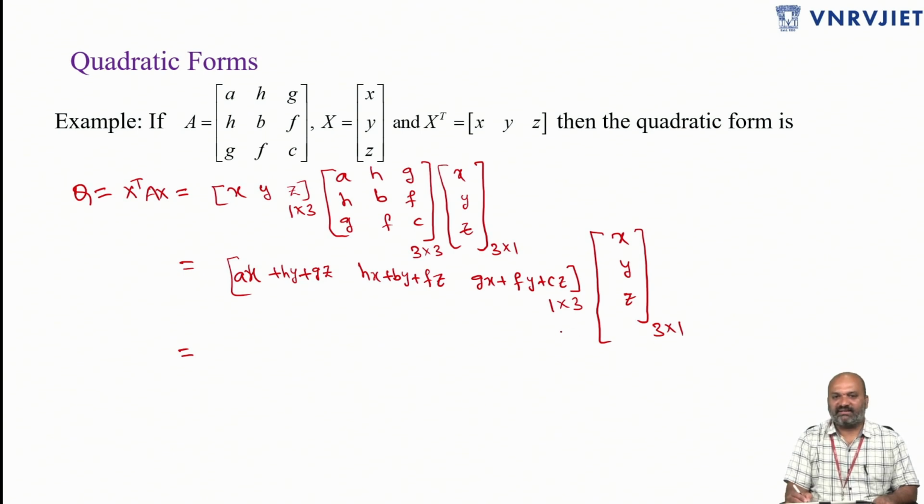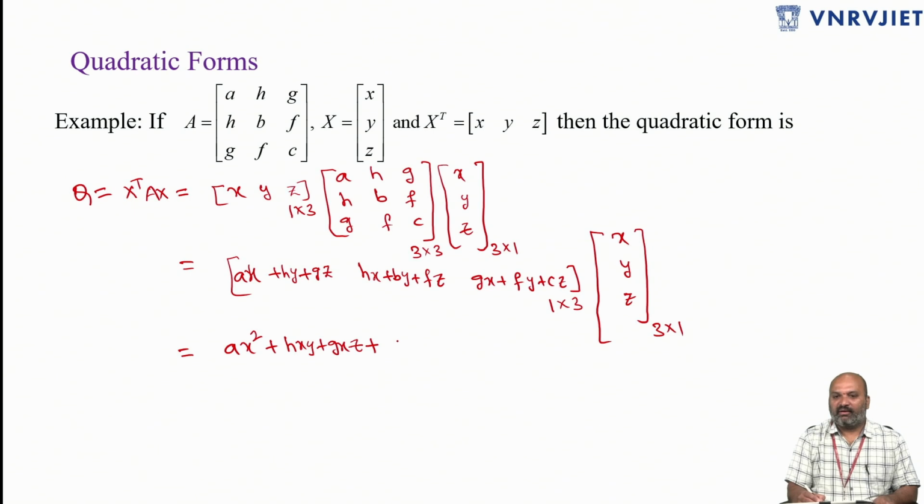The resulting matrix is of order 1 by 1, only one element. So (ax plus hy plus gz) into x, which is ax square plus hxy plus gxz.